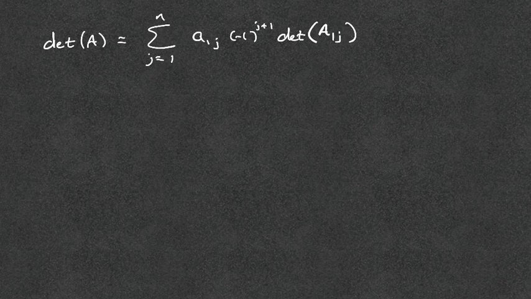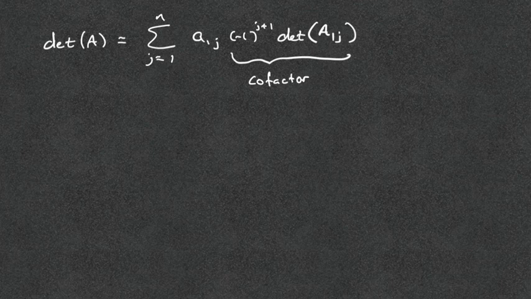And we then take this one step further and say this minus 1 to the j plus 1 times the minor is going to be the cofactor of our submatrix, where we're just scaling it by this plus or minus value depending on how we're expanding.